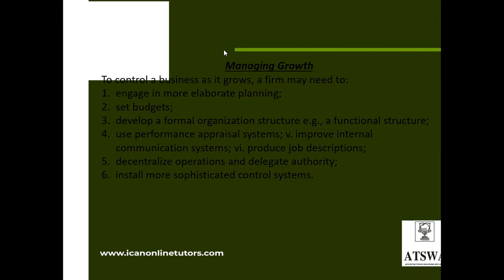So for you to manage your growth, there has to be proper planning. You have to set a budget. There has to be a formal organization structure. We are also going to talk about organization structure.